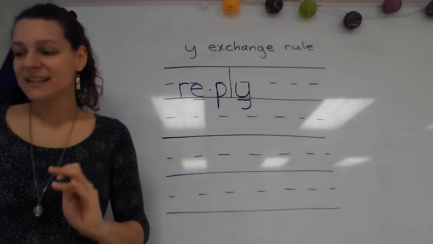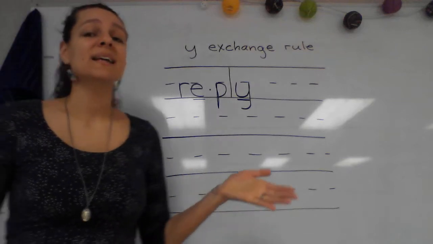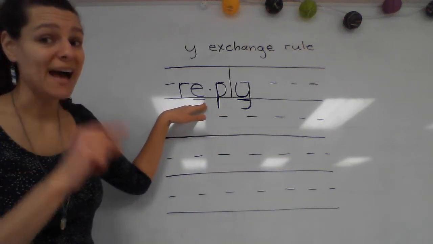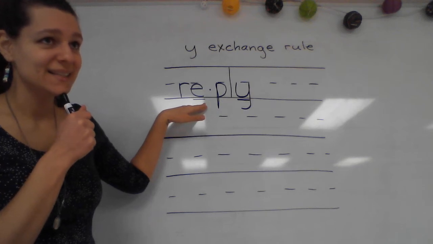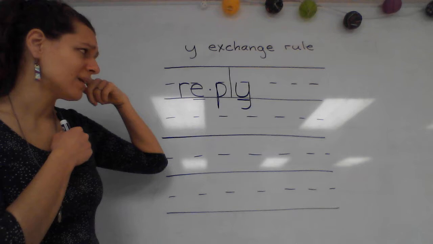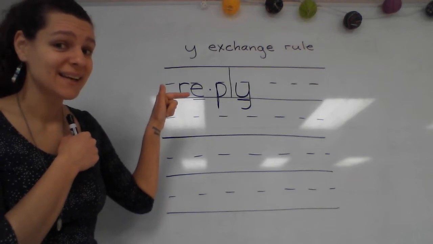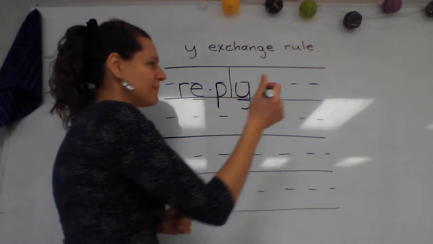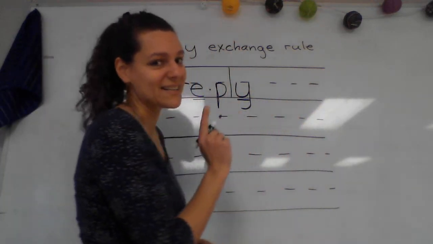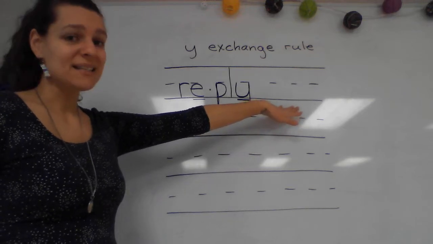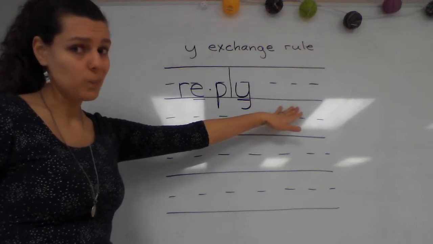All right, so let's see that in action. Let's say we want to make this past tense. This is a regular verb. So what are we going to add to our regular verb to make it past tense? Excellent. We're going to add our ed-dit past tense ending. That's why I had us practice that earlier. But does ed-dit past tense ending start with I?